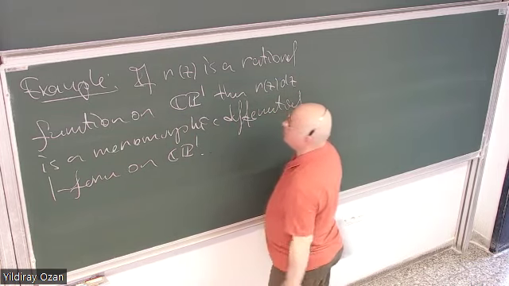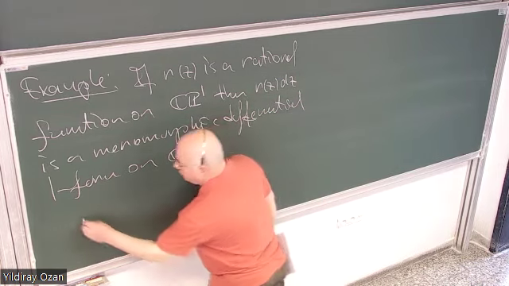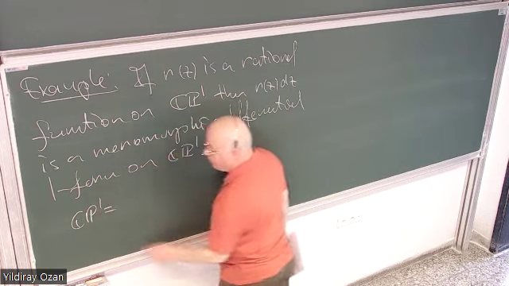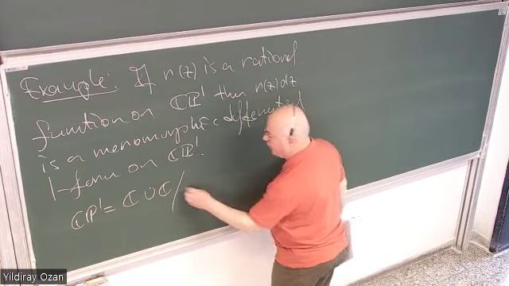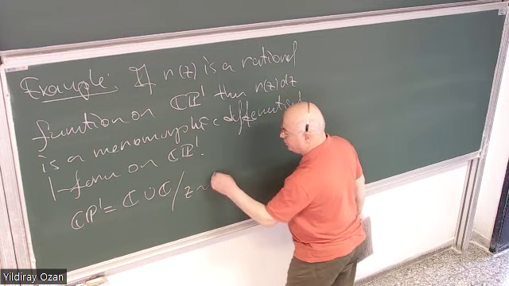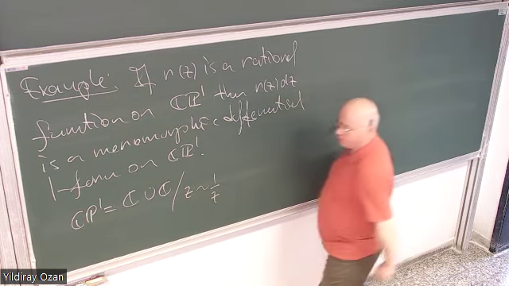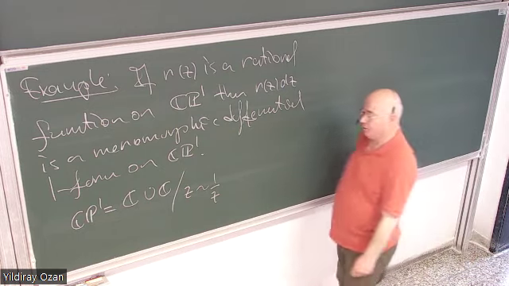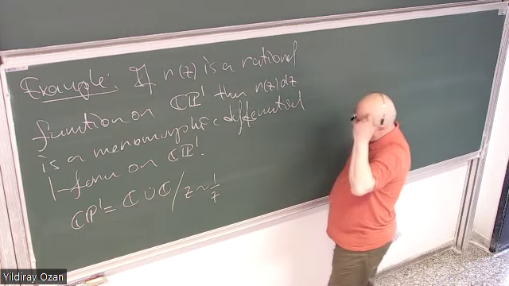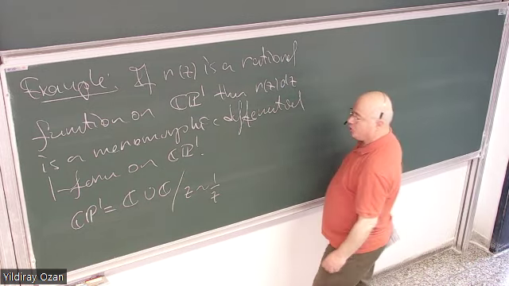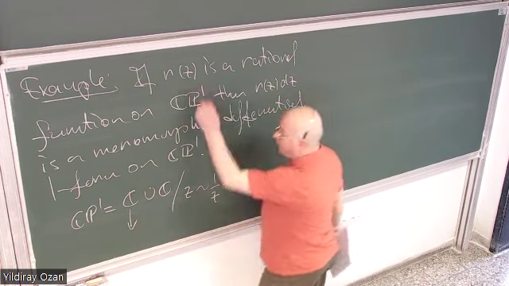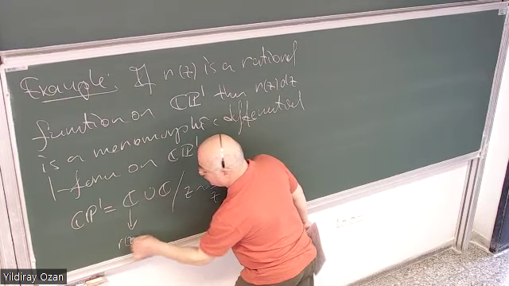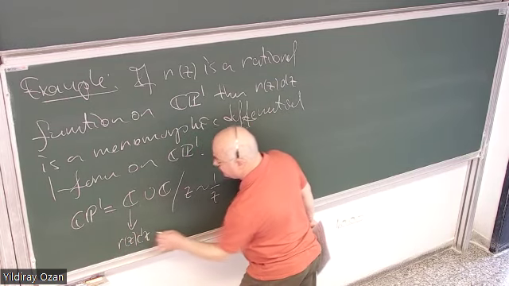Let me explain this a bit more. We may regard CP1 as C union C, and then we identify the Z coordinate here with the 1 over Z coordinate here, right? So let's say on this one, my meromorphic differential is just R(Z) dz.